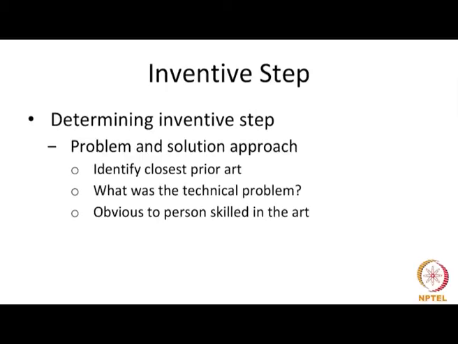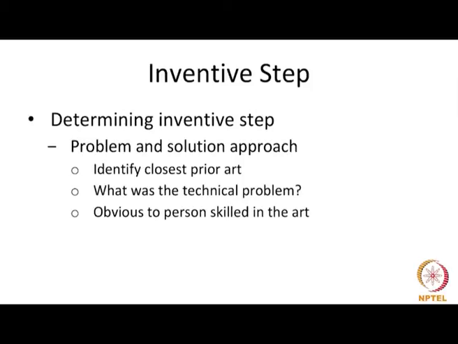So, the first step will be in determining the closest prior art. If there is a mistake or an error in identifying the closest prior art, then your problem solution approach for determining inventive step will be faulty, because you did not identify the closest prior art. The closest prior art will tell you whether the leap from the closest prior art, or the step from the closest prior art, was something which was not obvious to a person skilled in the art. So, the first step in the problem solution approach is to determine the closest prior art.